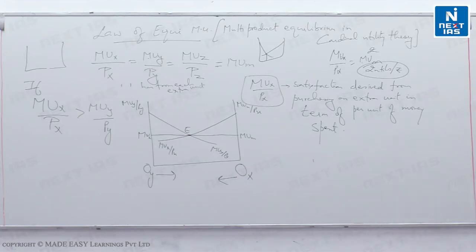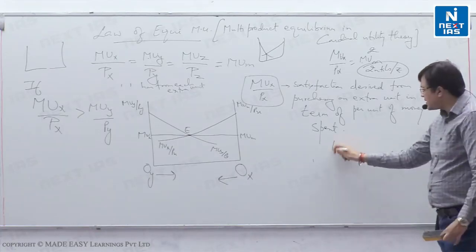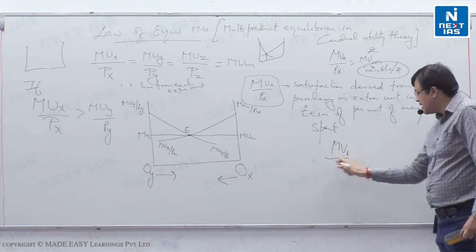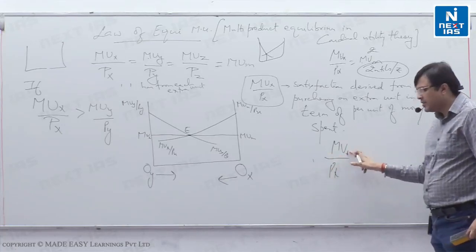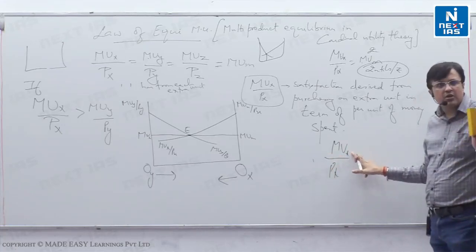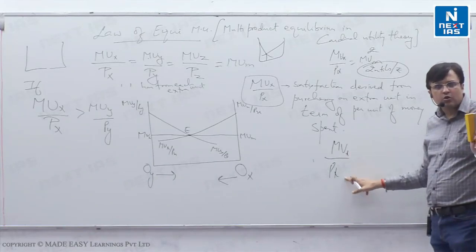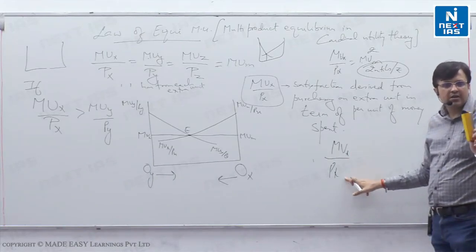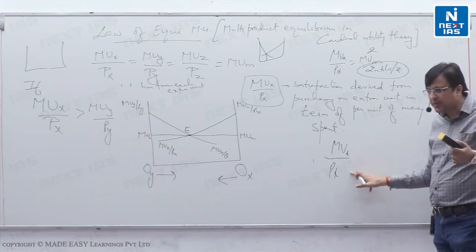Please keep this in mind. When I say MUX by PX, I mean utility derived from one extra unit of commodity per rupee spent.